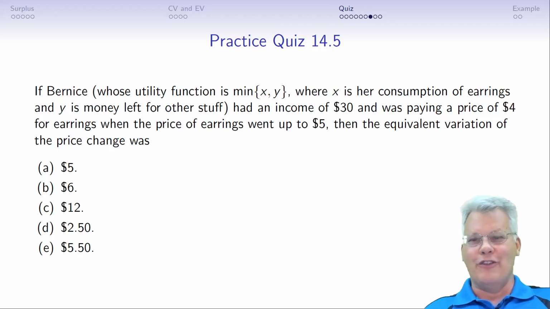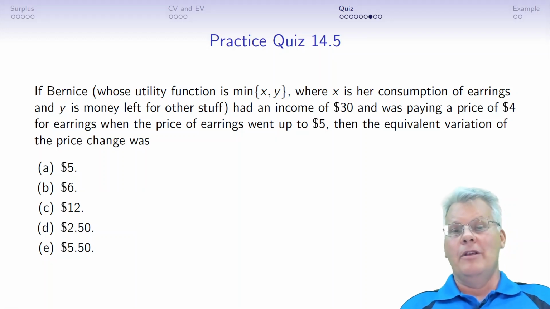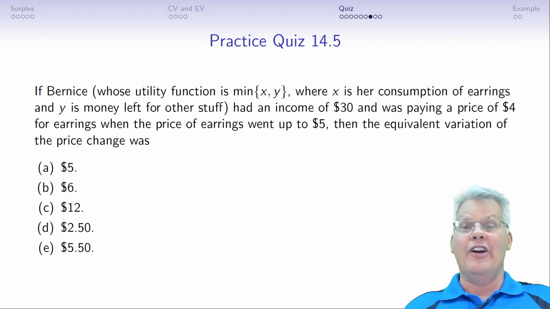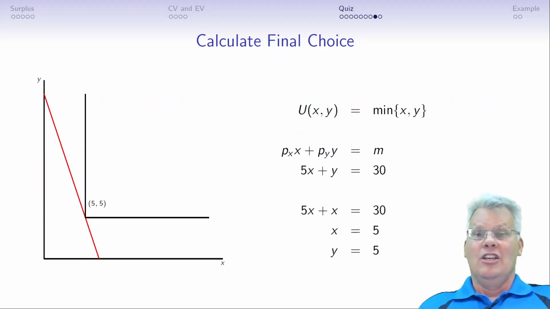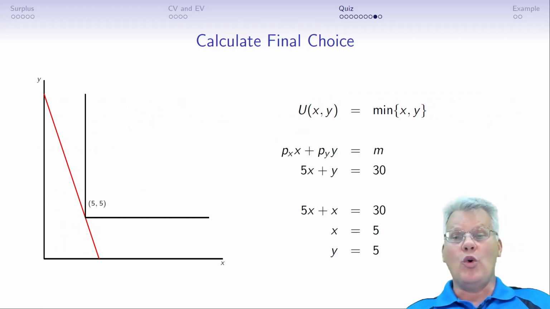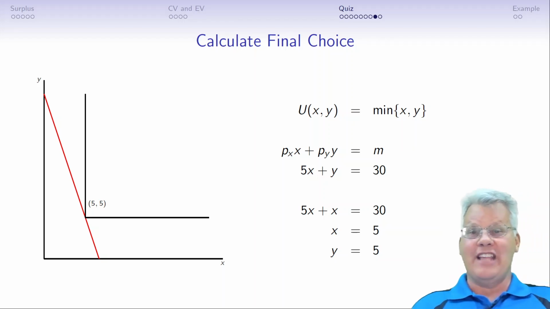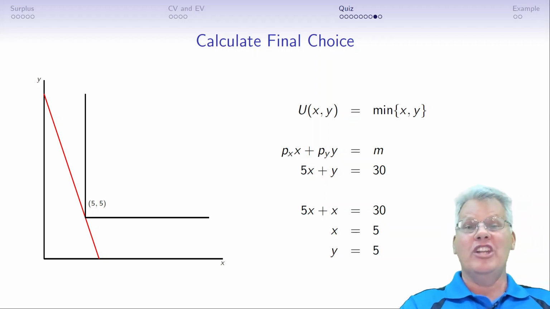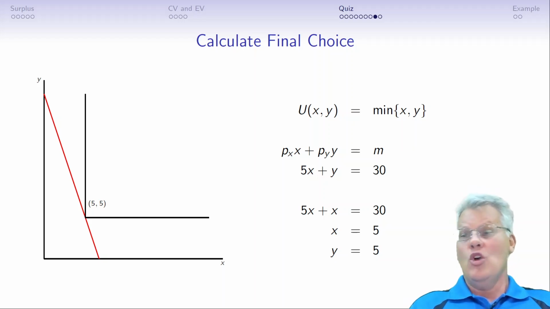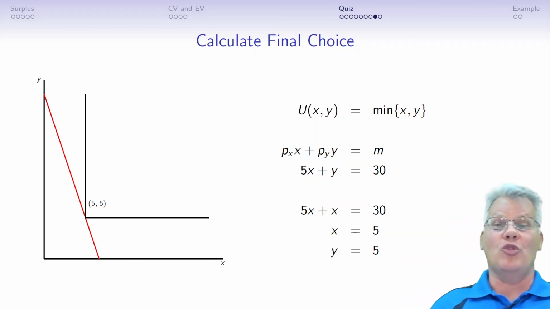And now we have Bernice revisited. She has different prices and different income levels, and now we want Bernice's equivalent variation. Okay. So to get the equivalent variation, it turns out we don't care about her initial consumption choice. We only care about her final consumption choice.